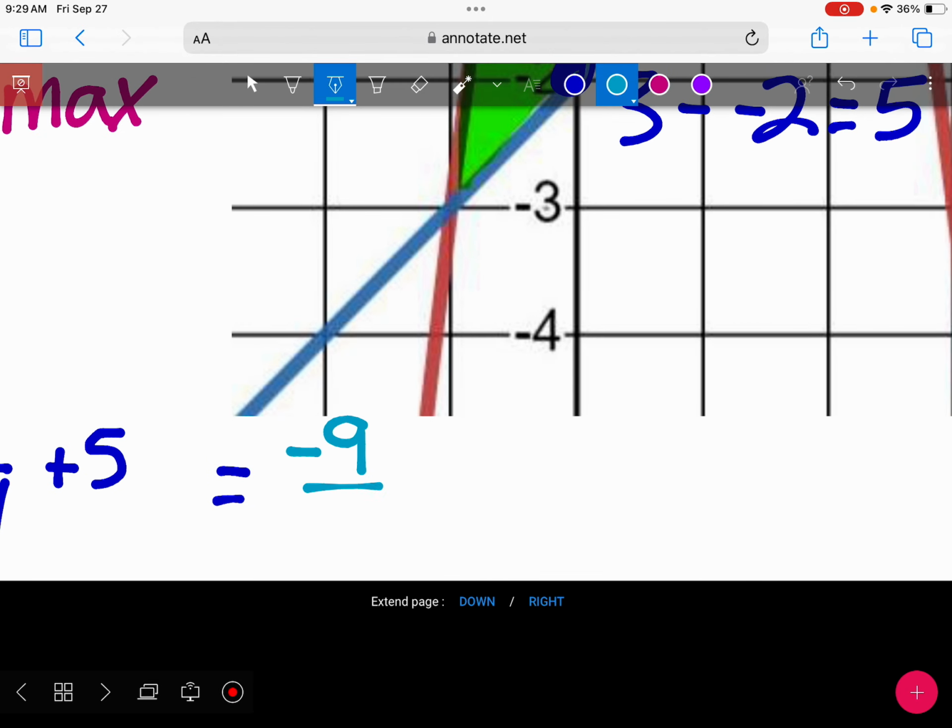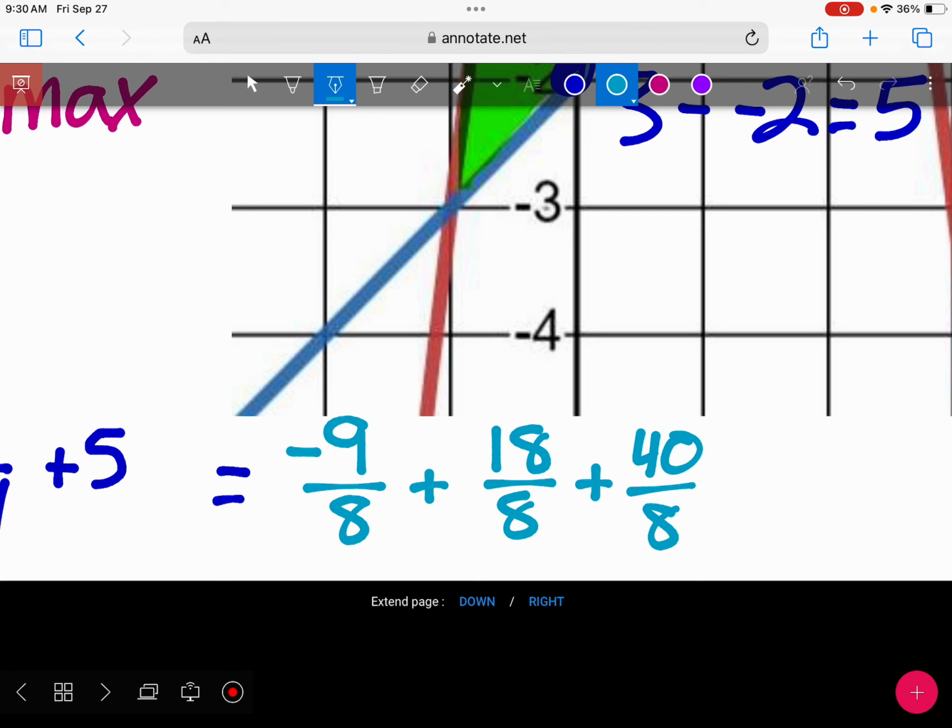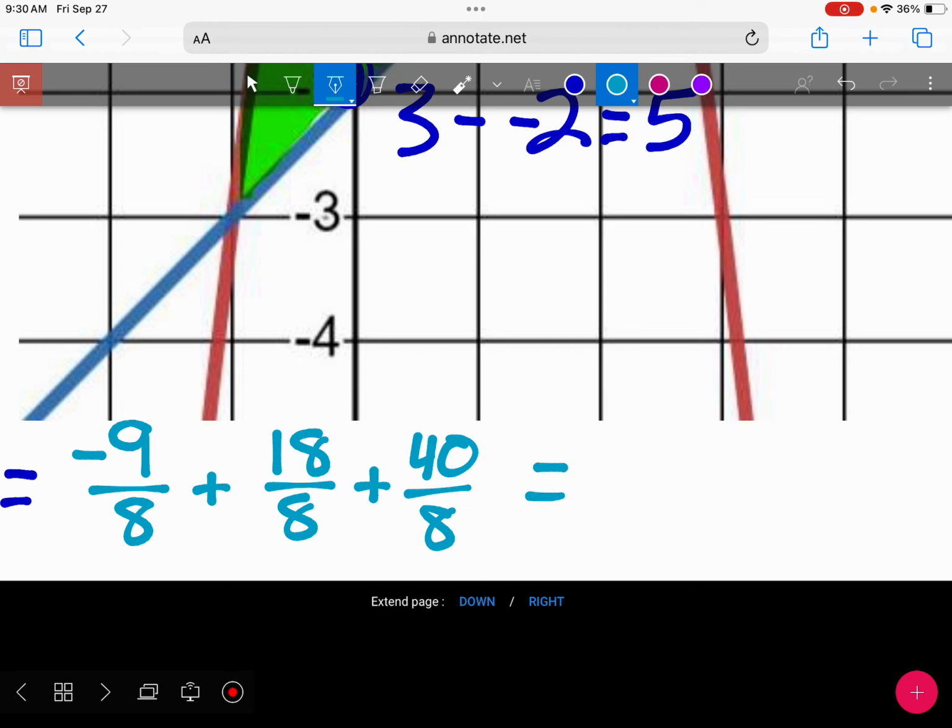So this is going to be negative 9/8 plus, how do I put 9/4 in terms of 8s? 18/8 plus 40/8. Putting those into common denominators so that we can have what as our y value? What's our distance? 49 over 8. So it's not pretty, but it's a thing.